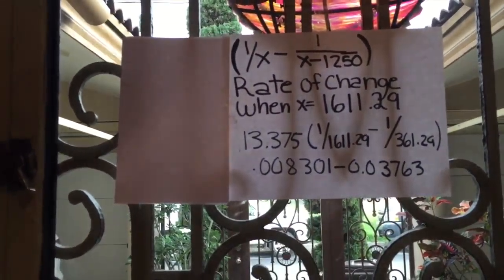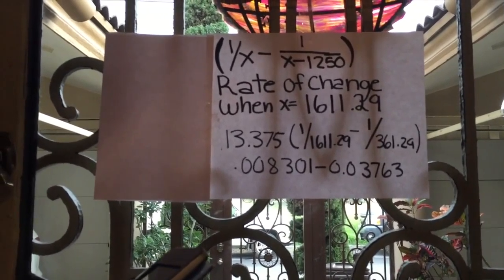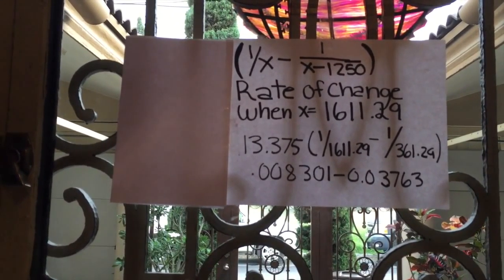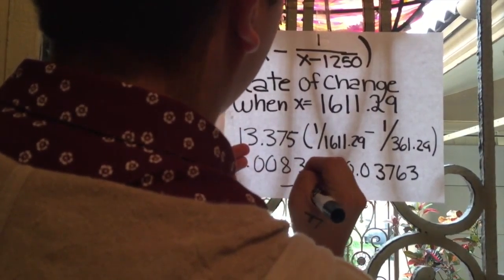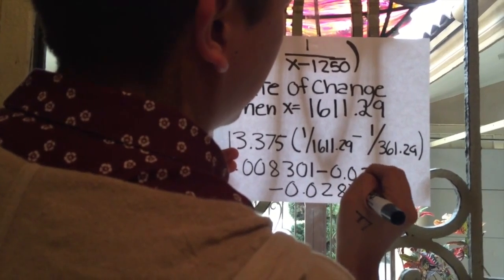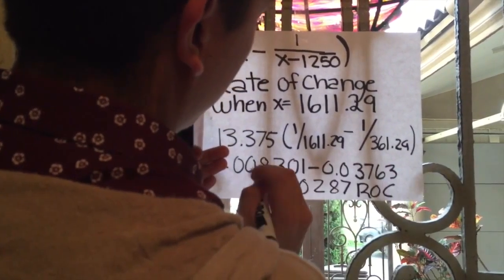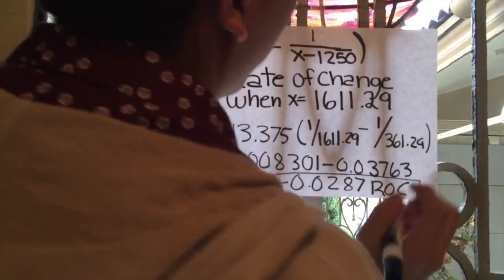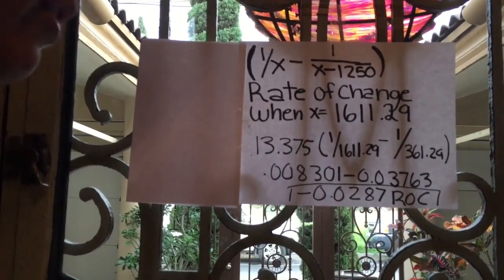Now we subtract it, and we got minus 0.0287, and that's our rate of change when we replace the x by 1611.29.